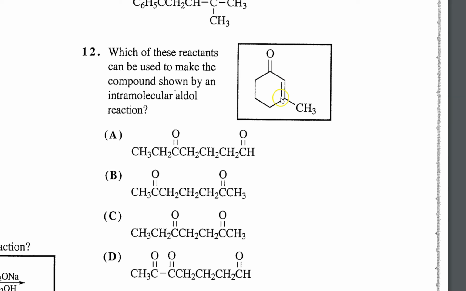That one has attacked the other carbonyl, and so that must be a methyl group there, which means that option B is our answer. All right, so far so good.